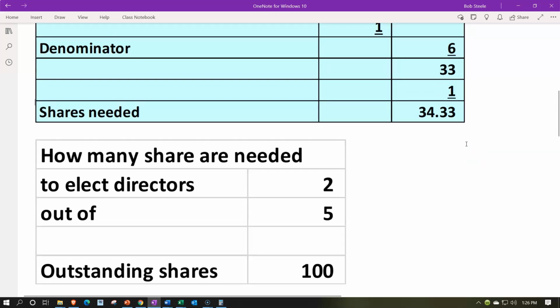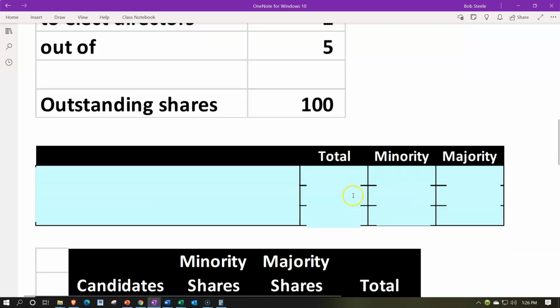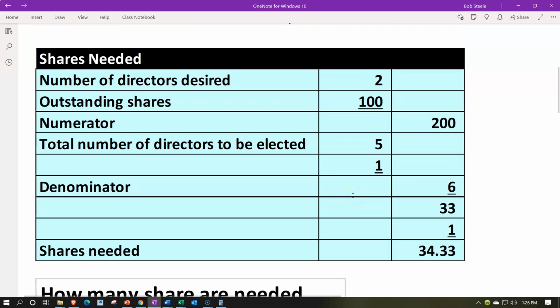So we're at the 34, then we're going to drop the .33 in our example here. So if you just look at that calculation, that would be basically what you would do in a test type of question. We would say, okay, in order to elect the 2 out of 5 people, we would need the 34 shares to do so.